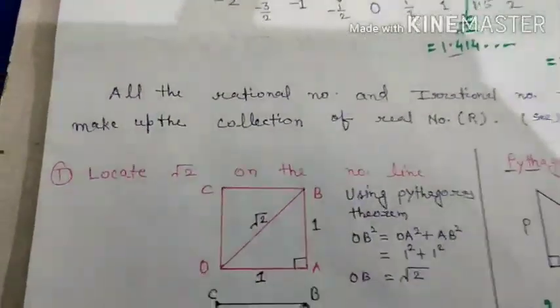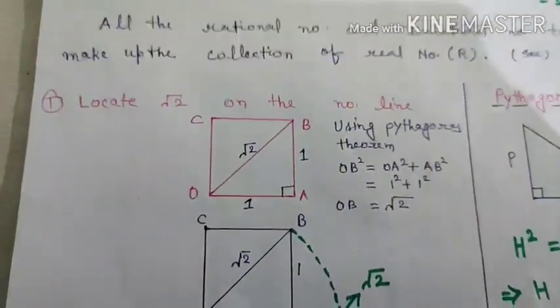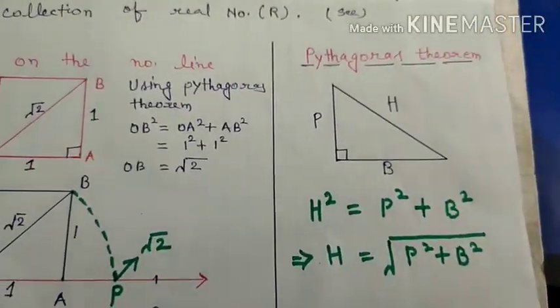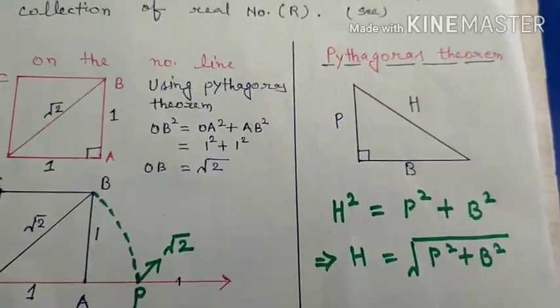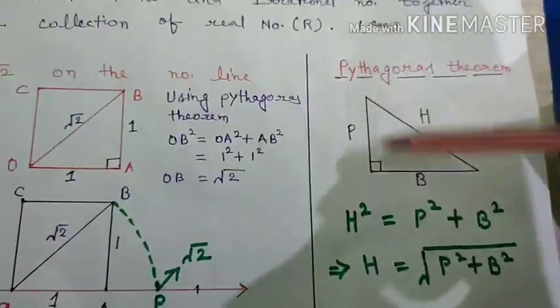Now, very important, we will try to understand how we can locate an irrational number on the number line. First of all, we'll try to understand the Pythagoras theorem, which you have already understood in previous classes. This is a right angle triangle.